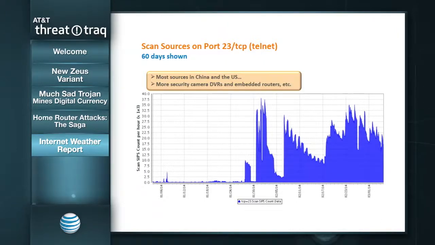I should also mention this is the number of unique scan sources involved, as opposed to the number of scan flows. So when we see a big spike, let's just say this one right here, that means there were 10,000 scan sources at the same time, pretty much, trying to scan for 23 TCP, which is a real good indicator that there's botnet association going on there.